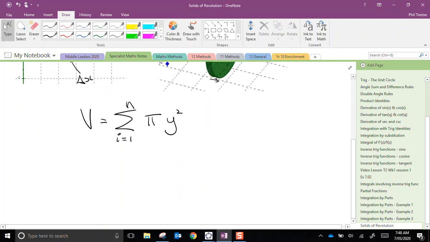So it's a little bit more compact to write y squared by, now that would be y i, the ith value as we moved across, by delta x, and delta x would be the same in all of these cases.